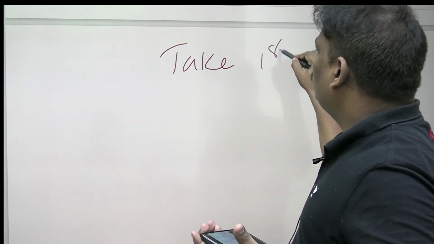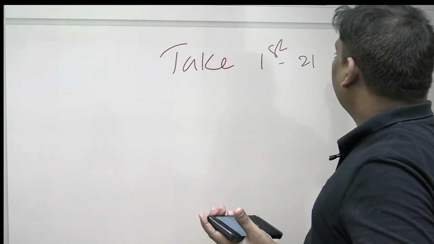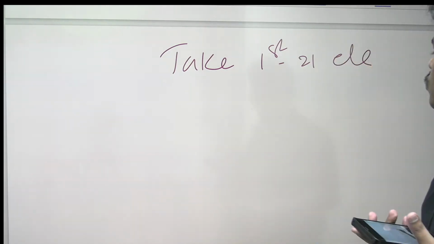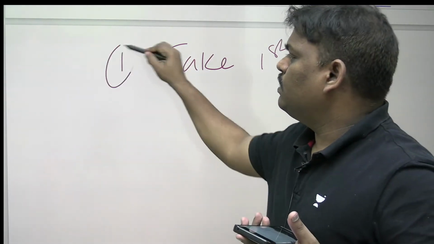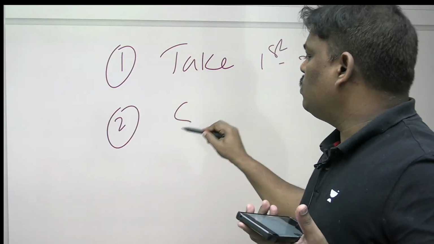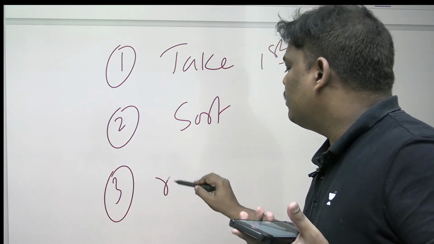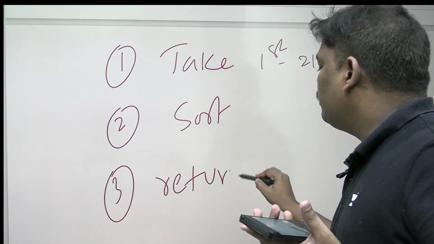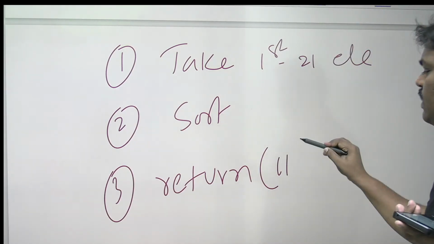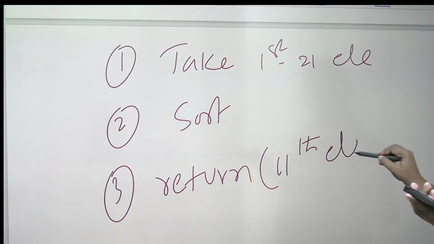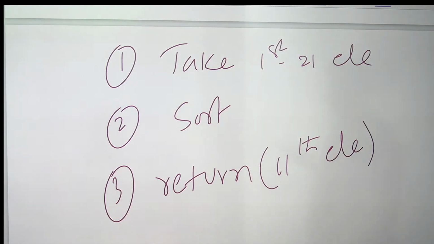Take the first 21 elements, that is the first step. Second step, sort the 21 people. Third, return the 11th element. Take the first 21 elements, sort them, return the 11th element.